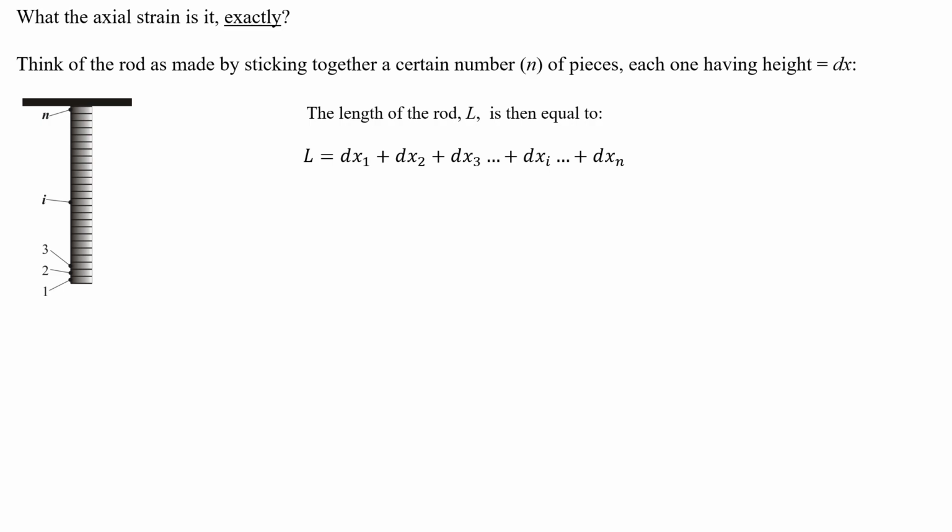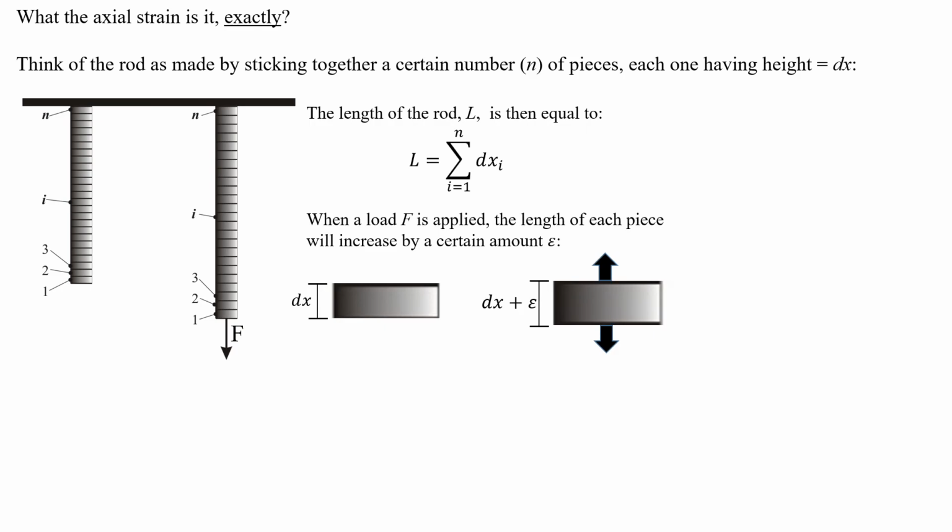Infinitesimally small part. There we are. And this is the notation just to say that for i equals 1 to n, and n can be an infinite number. That's all that that's doing. So dx is the height of 1. And then when we've got it elongated, it's just dx plus strain.